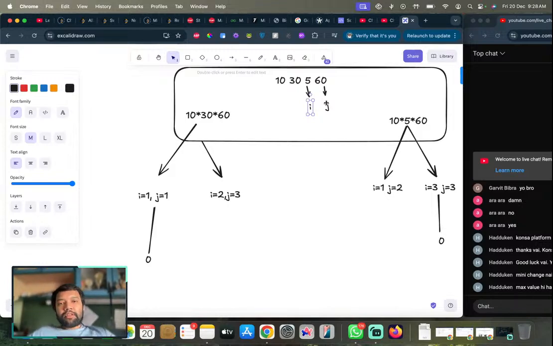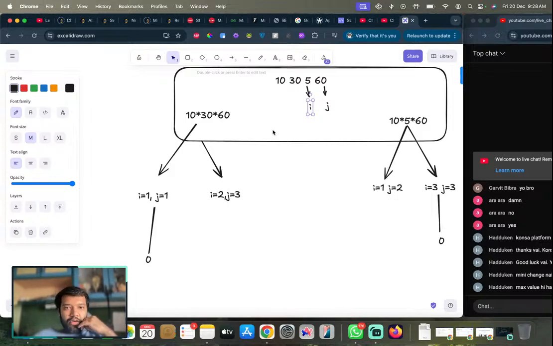Okay. Now, in this case, how will this work? K will start from I, 30 into 5 into 60.